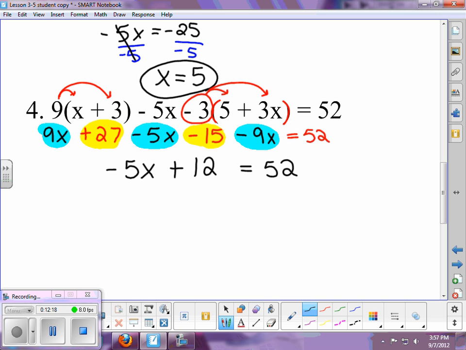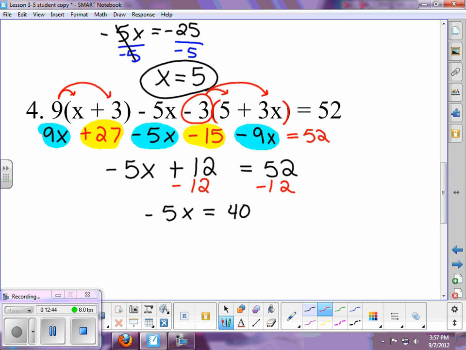Our options are get rid of the negative 5 or get rid of the positive 12, which we know we save undoing that multiplication for last. So we're forced to undo adding 12. The opposite of adding 12 is to subtract 12 from the left side and from the right side. That leaves us with negative 5x equals 40.